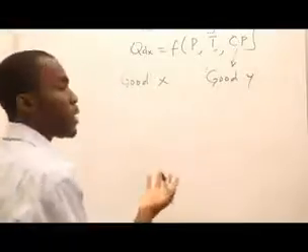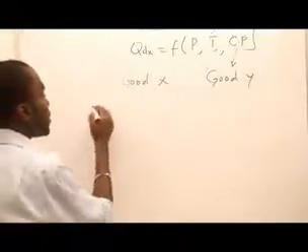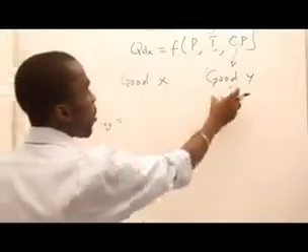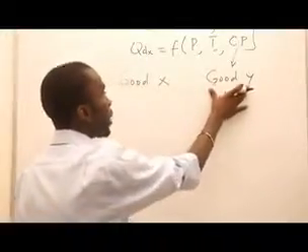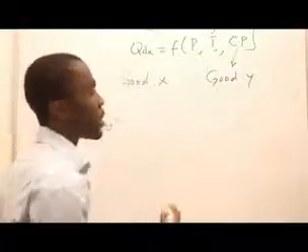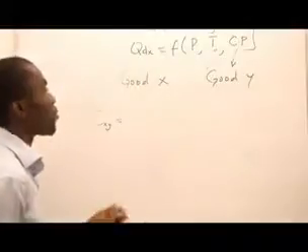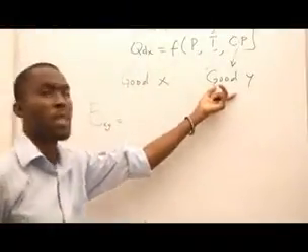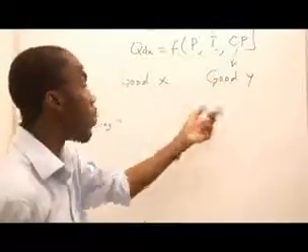And like we did for income elasticity, the definition for the cross price elasticity is how the price of good Y will affect the quantity of good X. Or we can say it is the degree of responsiveness of good X to changes in the price of Y.